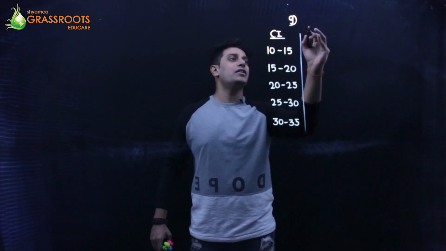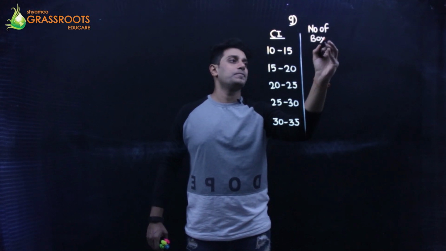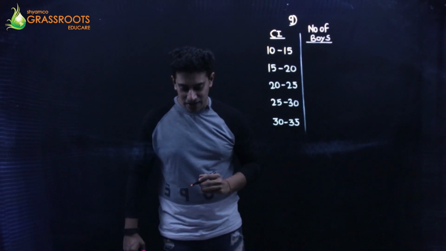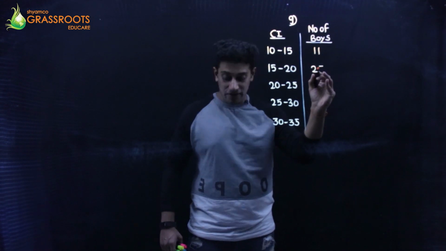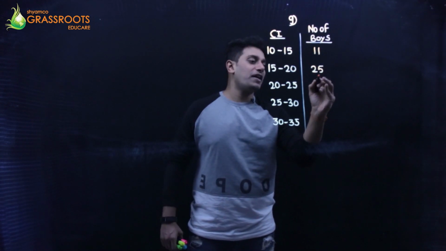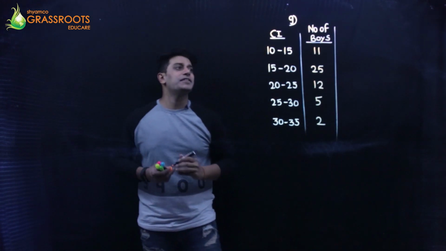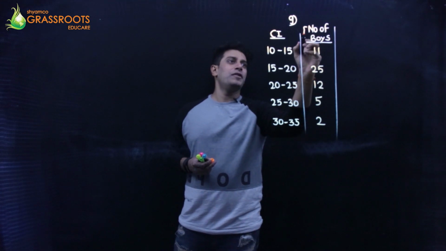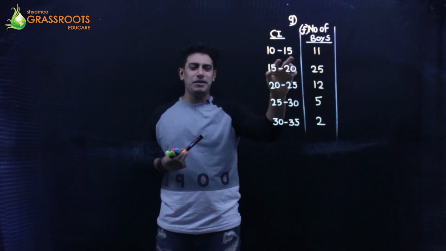I can write down the number of boys, which is the frequency: 11, 25, 12, 5 and 2. This is like your F. First step, no need for X, the midpoint.